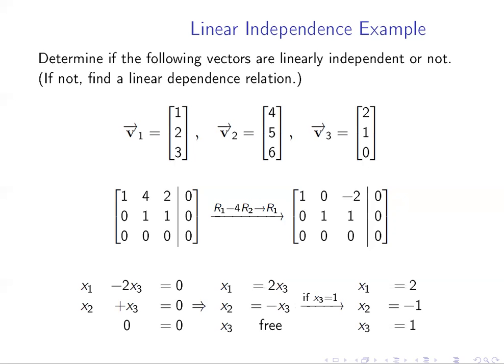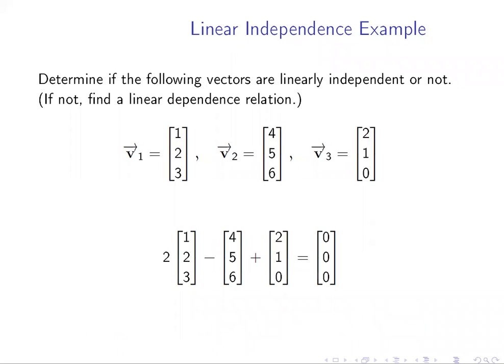And sure enough, if you take those values and plug them in using my vectors, 2 times the first vector minus 1 times the second vector plus 1 times the third vector, and do all the arithmetic, you'll find that that is a solution. So that is indeed our dependence relation: 2, negative 1, 1.